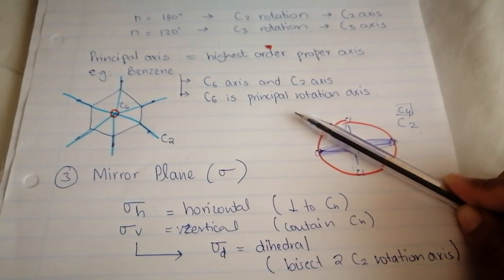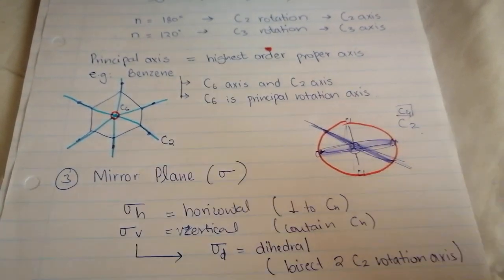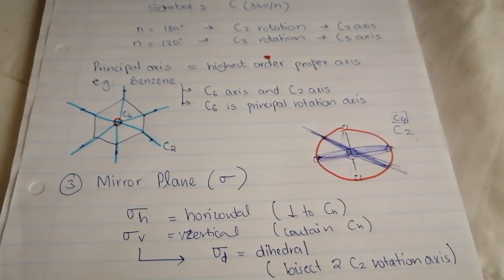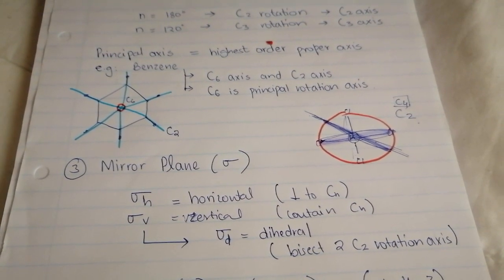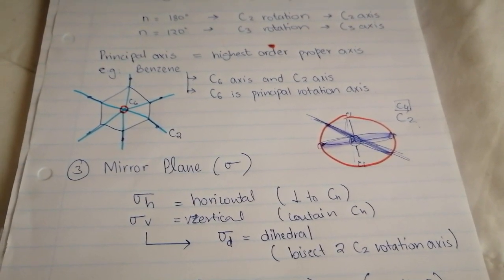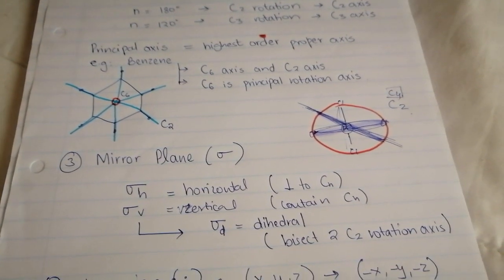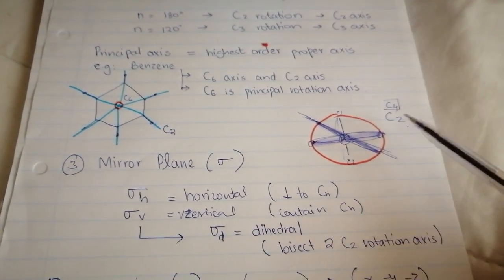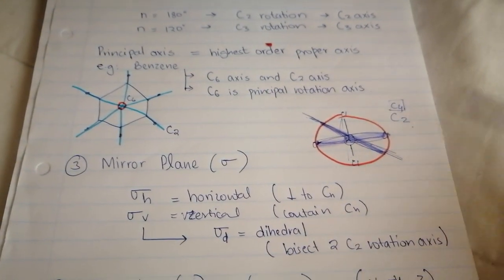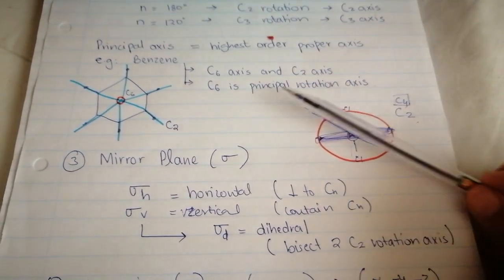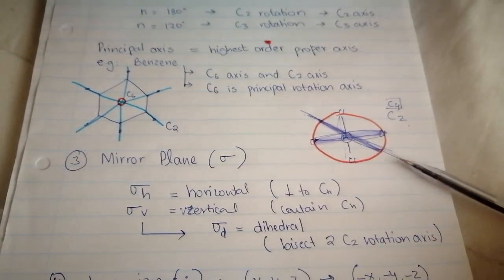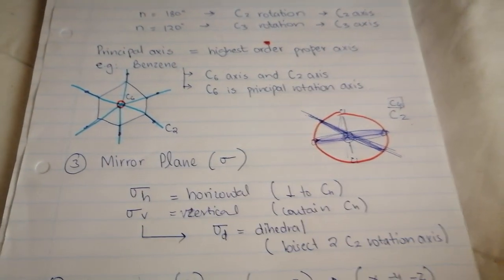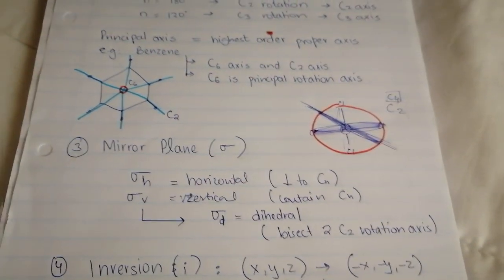C2 is your 180 degree angle. So the platinum chloride contains the horizontal reflection plane, which is marked in red, the vertical reflection plane in purple, and then the dihedral reflection plane, which I have marked by the single line bisecting the two C2 rotational axes.